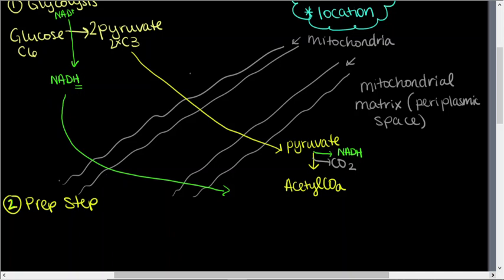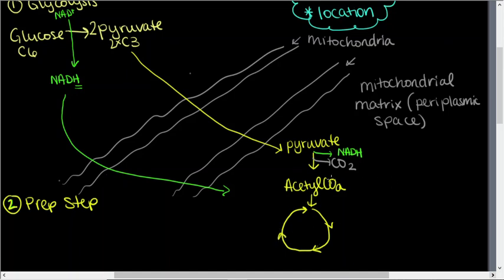Okie dokie. Next, we're going to do TCA, the tricarboxylic acid cycle, also known as the Krebs cycle. I'm just going to draw it like this. This is a series of enzymes again, a whole bunch of different enzymes going on in here.